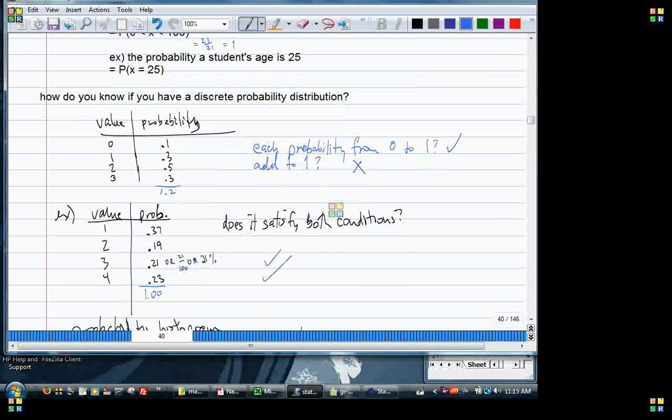Now we can draw a picture to represent this. What did we used to call a picture where we drew the values and all those things? A histogram, exactly. We used to call it a frequency histogram. No more. What do we call it now? A probability histogram.